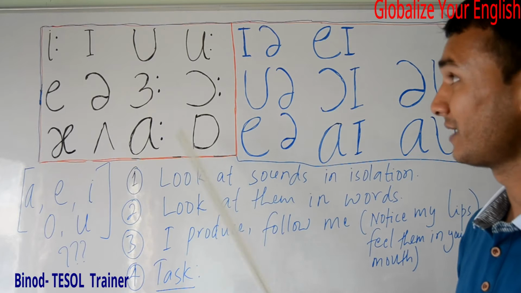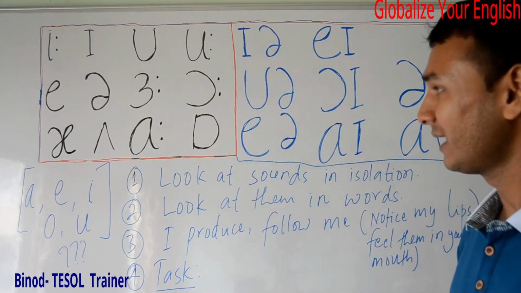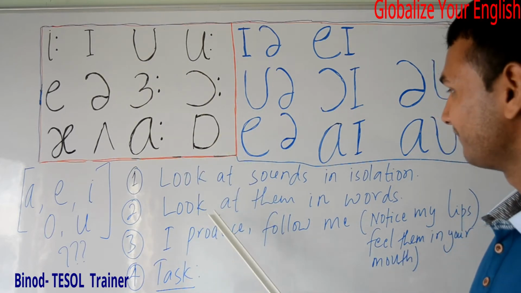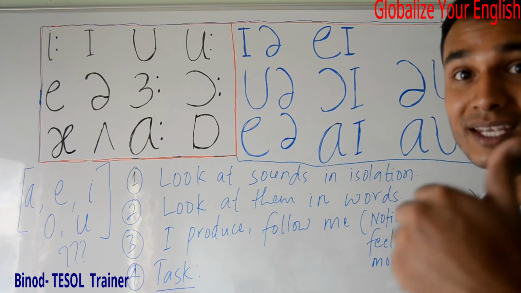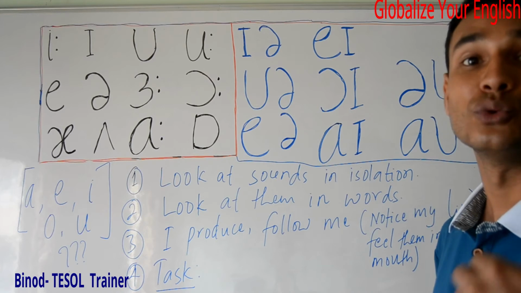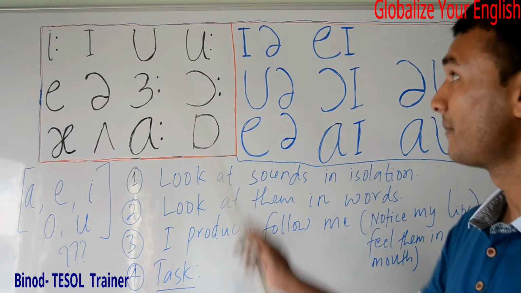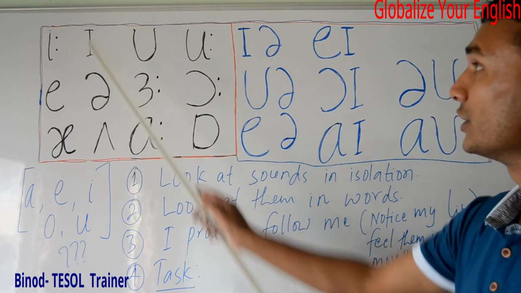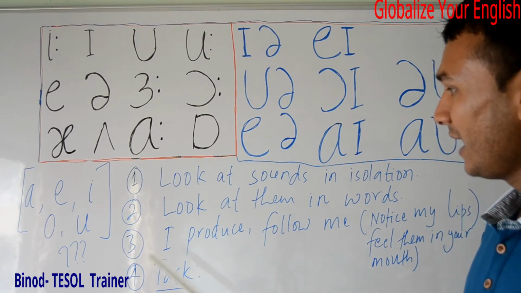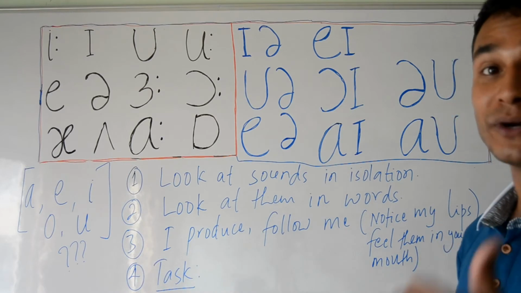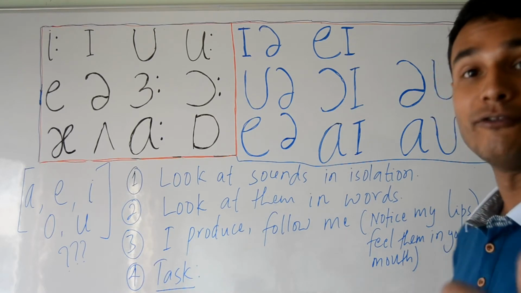I will produce those sounds one by one, and then we will observe how these 12 sounds are used in words. And third, I will produce the sound and you follow me.